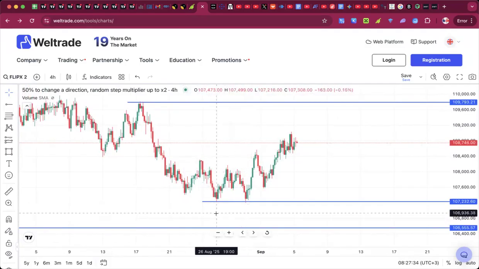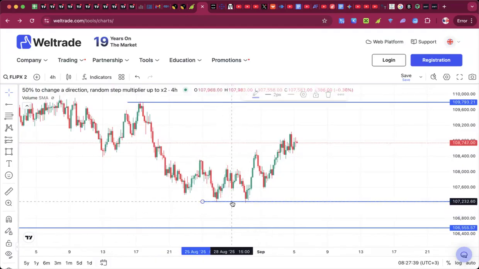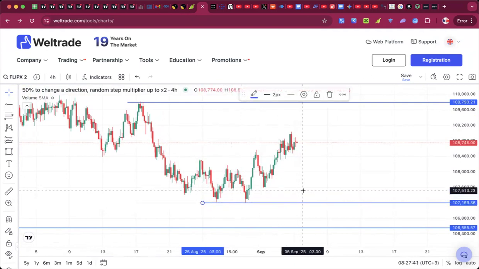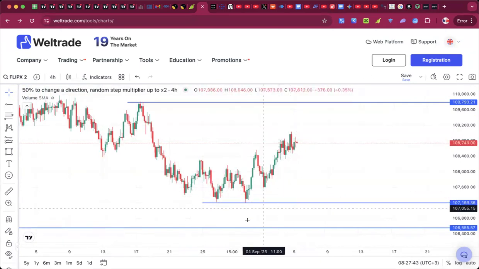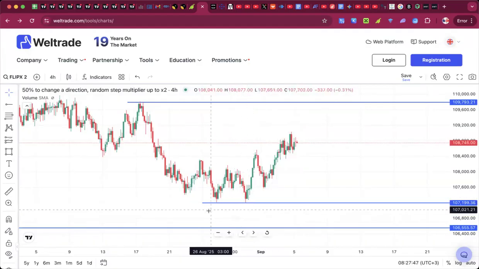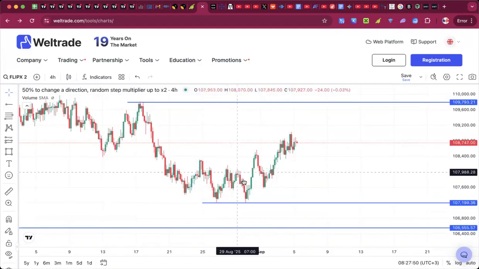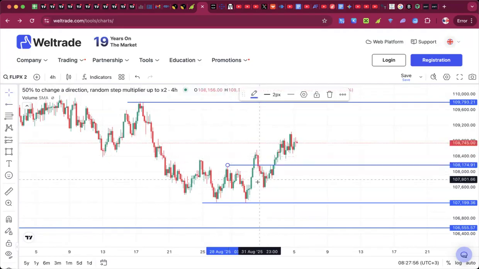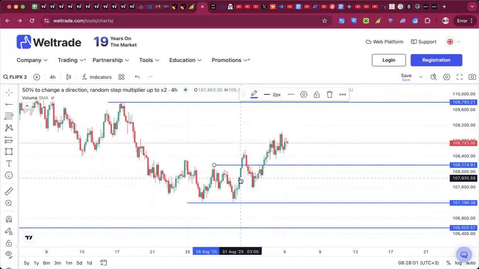I think this is a low here, at the end of the equal side. So here, below here, this is taking out this, returning back here, which was a very nice one. An imbalance was swept.